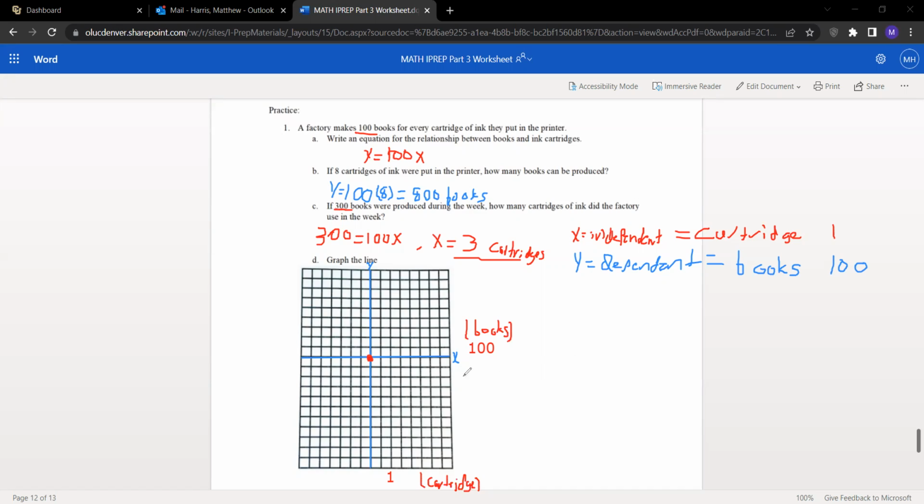But for every cartridge we have 100 books, so we go over 1, up 100, which for us is 1 square. And we know for every 1 over, we go up 100. We can just walk this up. And then remember, all we have to do is just connect our points.